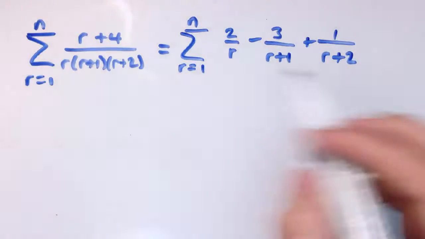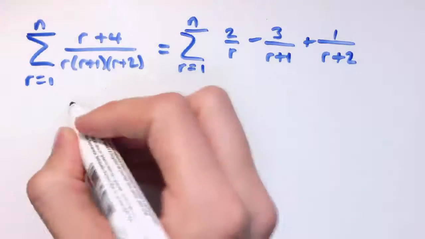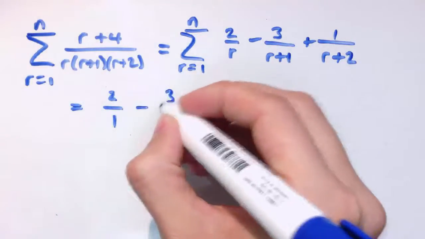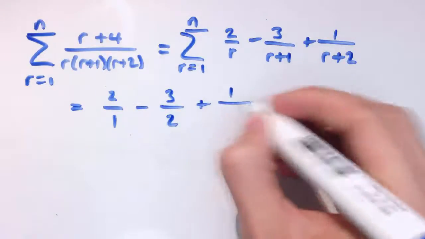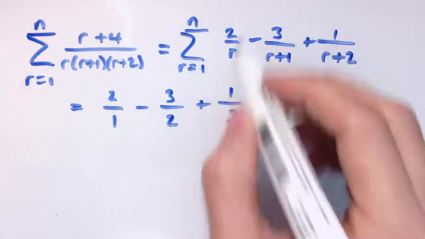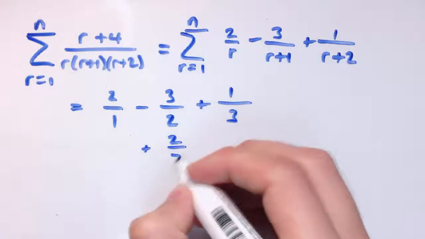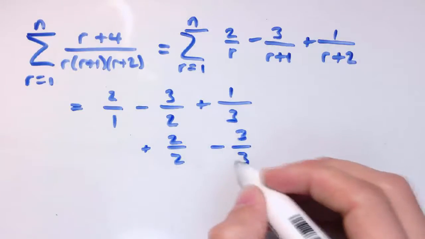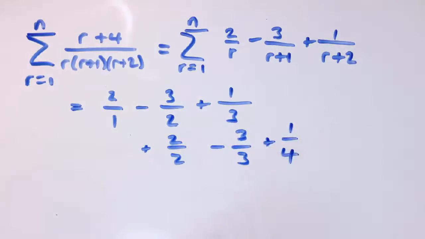I'm going to start by putting in r equals 1, and I'll get 2 over 1 minus 3 over 2 plus 1 over 3. Then when I put in r equals 2, I'm going to get plus 2 over 2 minus 3 over 3 plus 1 over 4.